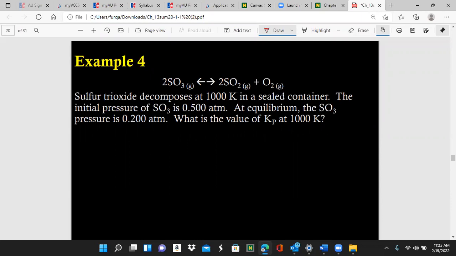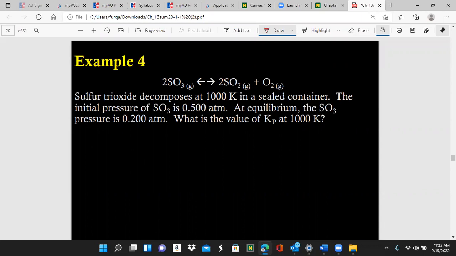So this is not the question of Kp equals Kc times RT to the power delta N, because there is no Kc given to you, so you cannot go for that. What is it asking you for? It is asking you for the equilibrium constant straightforwardly. It's giving you the initial concentration of sulfur trioxide, and that is where you have to pick it up, that you have to go through the ICE charts.